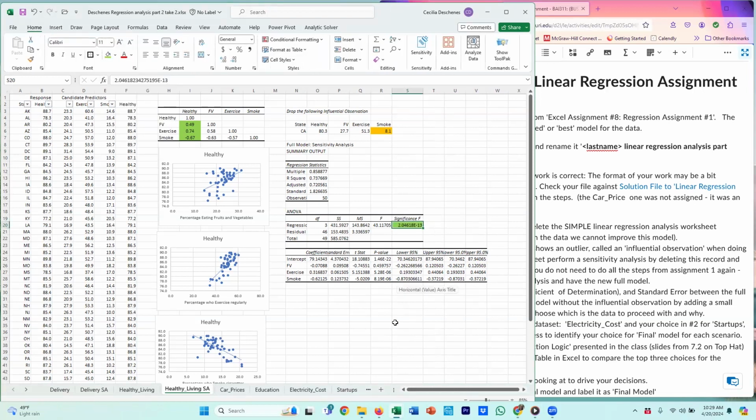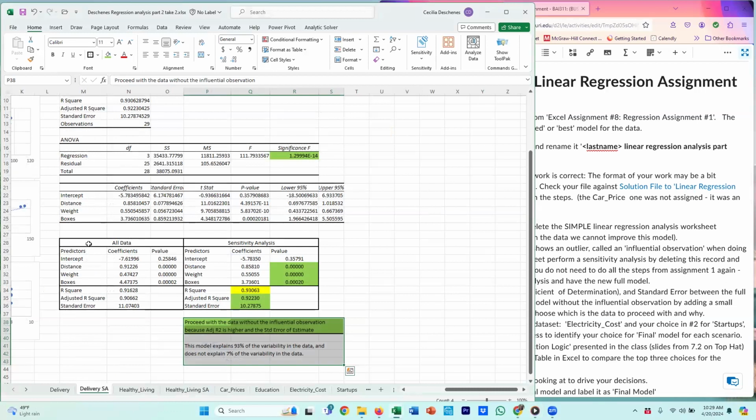I also confirmed that it is an overall significant model, so that didn't go away. And then after that, I'm going to create this table to compare the two models.